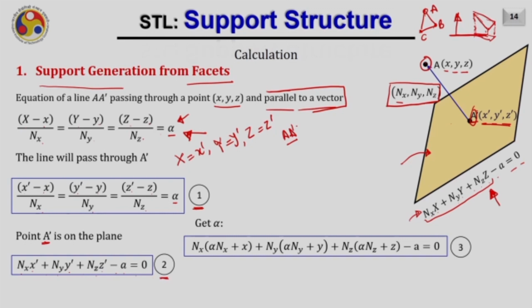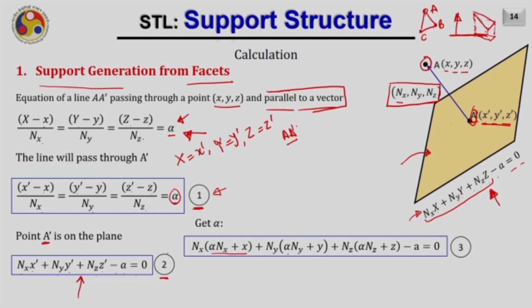Now, let us find out the value of this alpha by using these two equations. It is very easy, we can do it by replacing x dash in equation number 2 from equation number 1. I can write x dash equals to alpha nx plus x, like here.